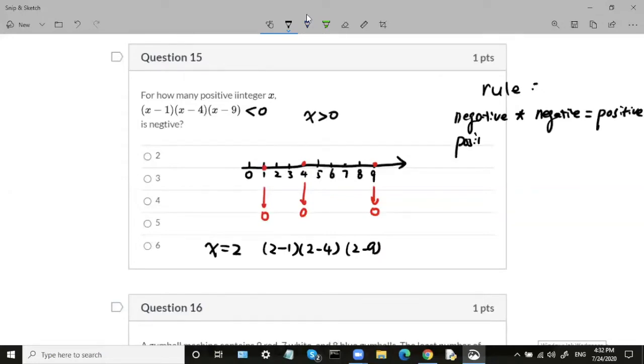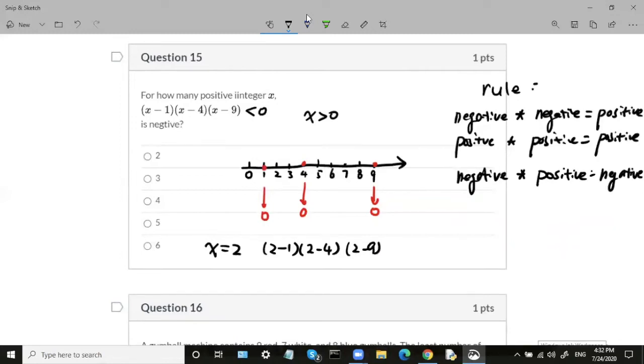Positive number times positive number equals positive. Negative number times positive number equals negative. And positive number times negative number equals negative.